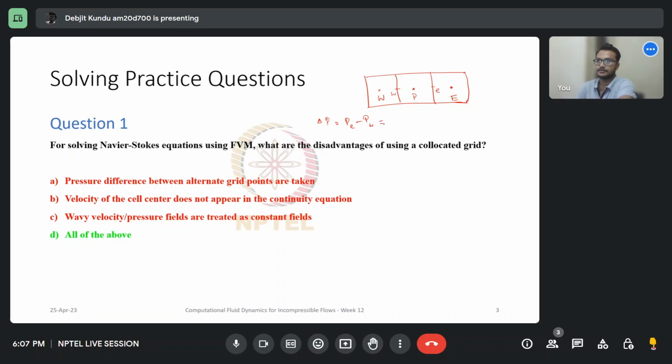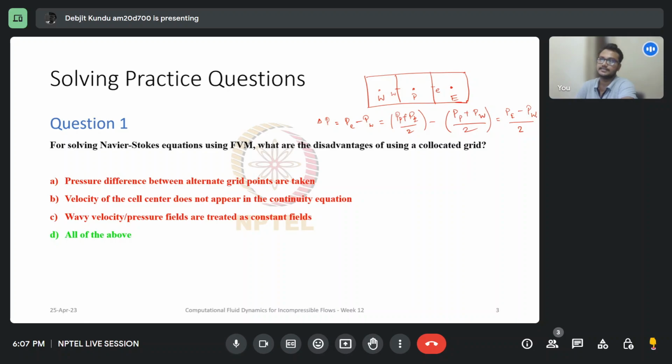So pressure P small e is taken as the average of PP plus PE by 2, and for P small w it is taken as PP plus P capital W by 2, and then ultimately we have something like P capital E minus PW by 2. So the pressure from alternate grid points are taken.